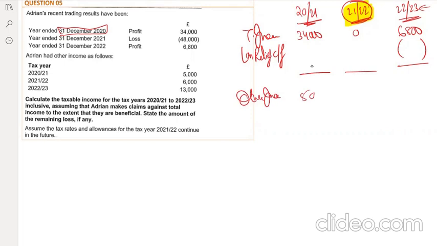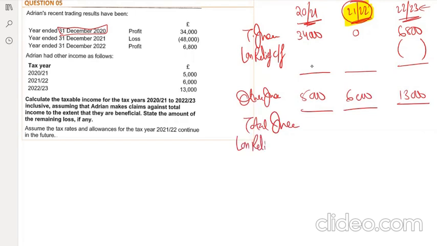It's different, 5,000, 6,000 and 13,000. We will have here total income. After total income, we again have loss relief, and this will be from current year and carried back. After this, we have net income. This is the structure, right or wrong?